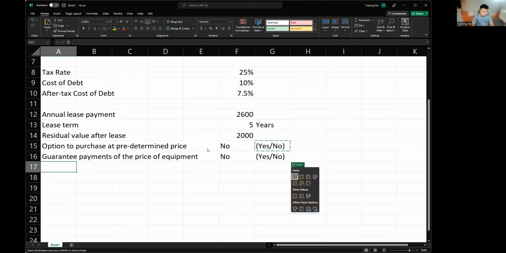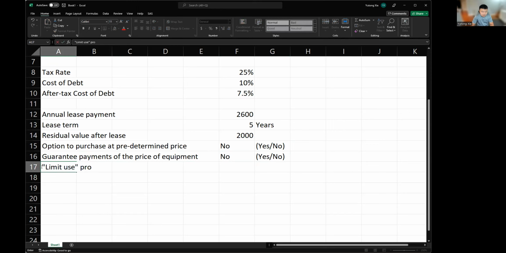And then if it's a limited use property, it's also a no, okay. This is a model, so these are just placeholders.